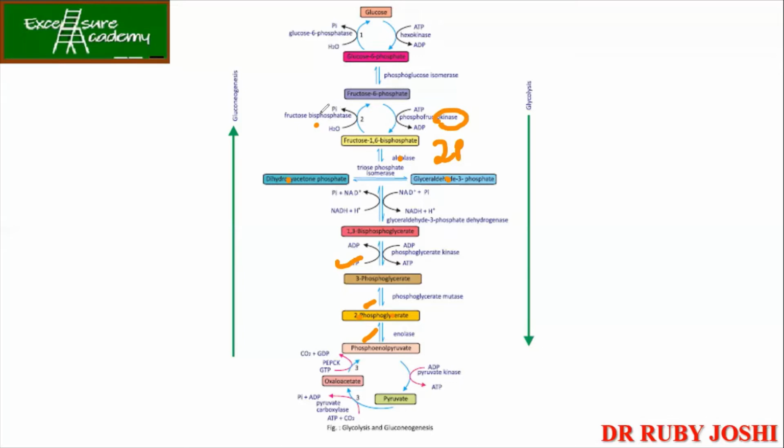One phosphate group has been removed, so you will get fructose 6-phosphate. Then again phosphoglucose isomerase will give you glucose 6-phosphate. And then finally phosphatase to remove the phosphate group, you get the glucose. So always remember, kinase means it is going to add a phosphate group, and then you have the phosphatase to remove the phosphate.